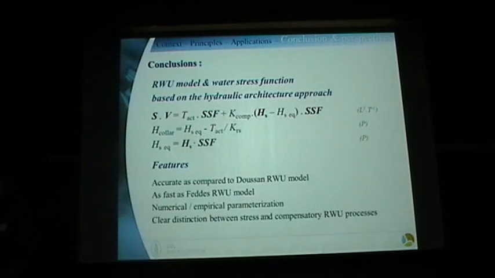So this is a solution we're working on, but we don't have very convincing results right now, which means that we need to solve soil water flow right now, in addition to that.